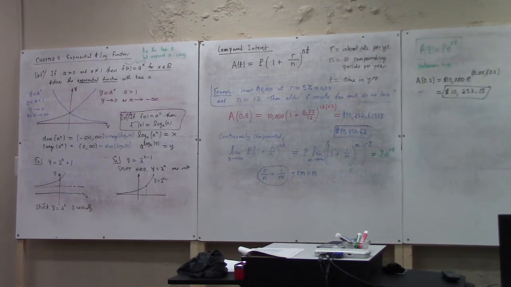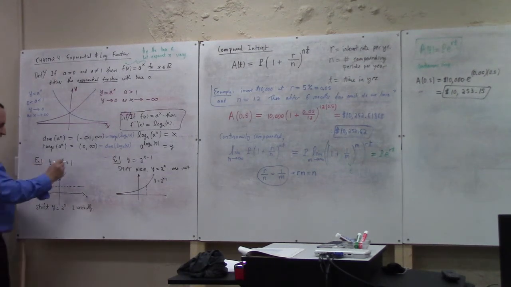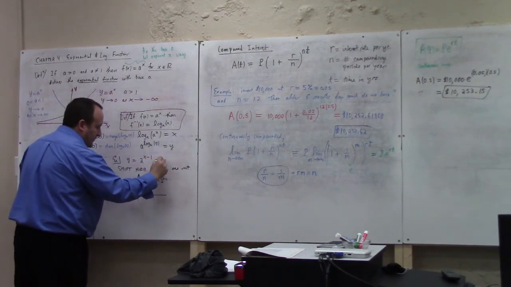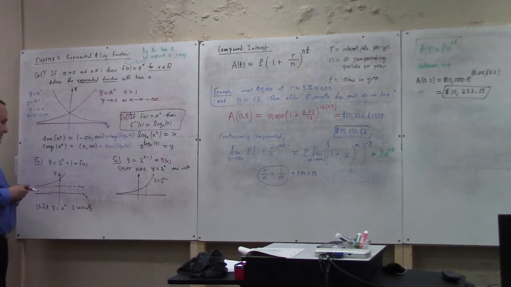Just to give some names, if I call this f of x, and I call this one g of x, can you tell me the range of f and the range of g?